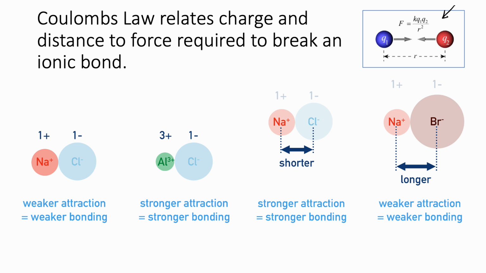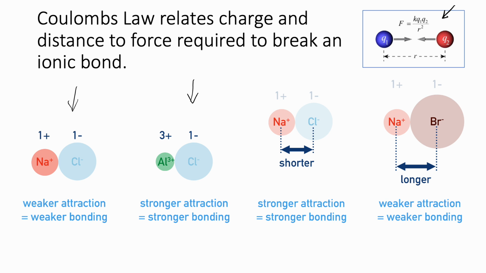So if you're looking at the example over here with sodium chloride and aluminum chloride, because aluminum has a greater charge than sodium, aluminum chloride would automatically be a stronger attraction, which means it would have stronger bonding, which means it would need more force to break it apart.